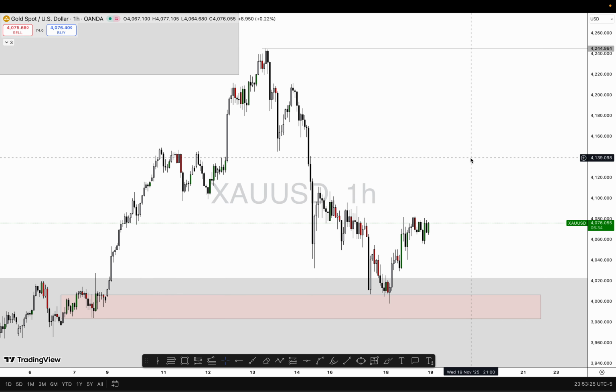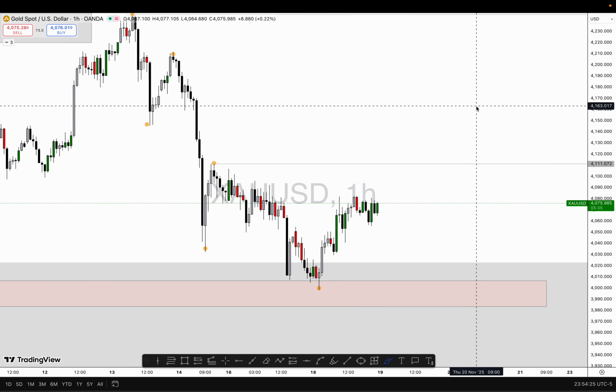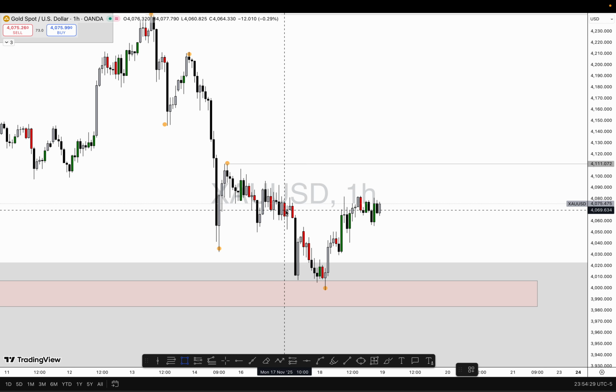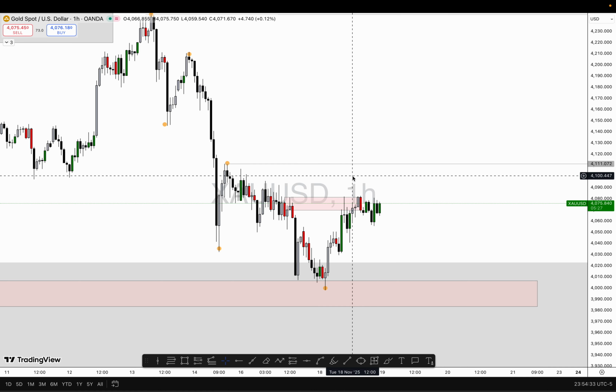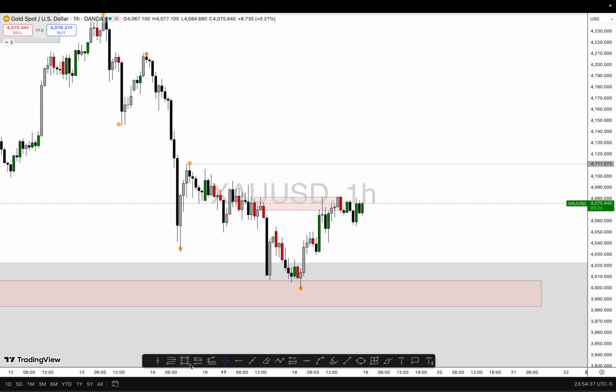So now it's just to look for a possible entry, right? So we had this 1 hour supply that was removed. We took a trade off of this earlier today at this 1 hour demand zone. That's already playing out.